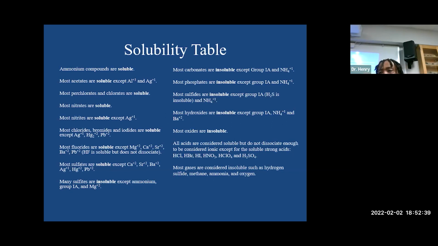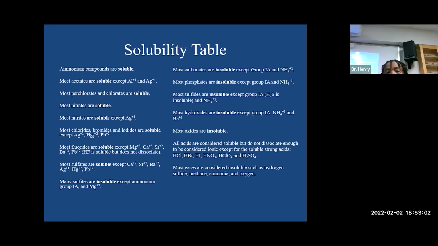So if you take a look at acetate, you guys see acetate on there? Yep. So chlorates are going to always be soluble. Okay. Nitrates are always going to be soluble.